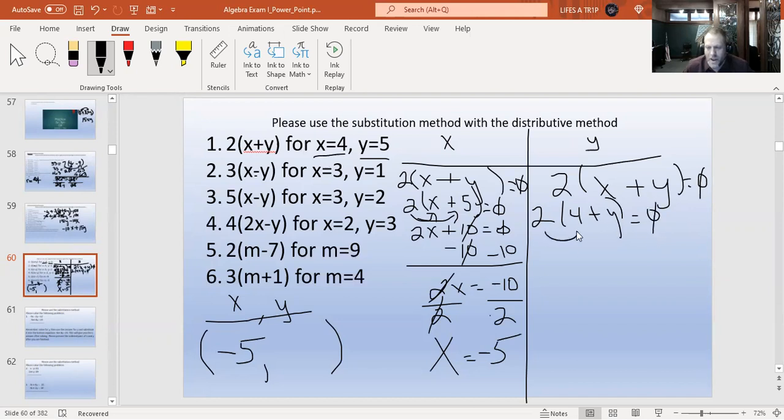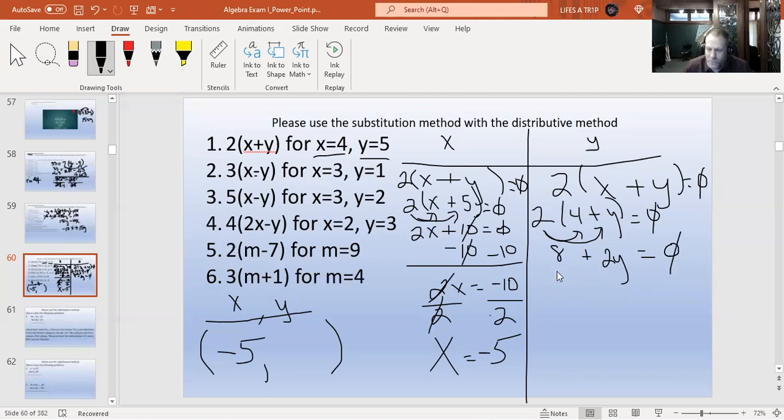So now distribution method, because these are unlike terms, you can't do anything in there. 8 plus 2Y. So 2 times 4 is 8, 2 times Y is 2Y equals 0.